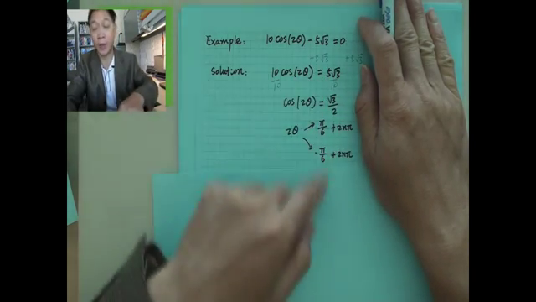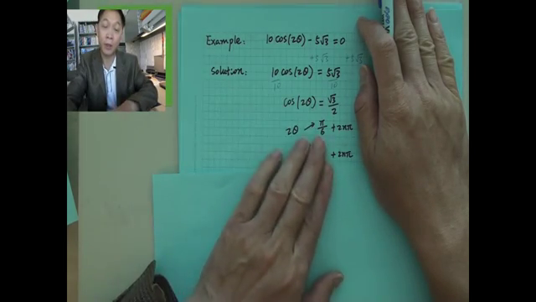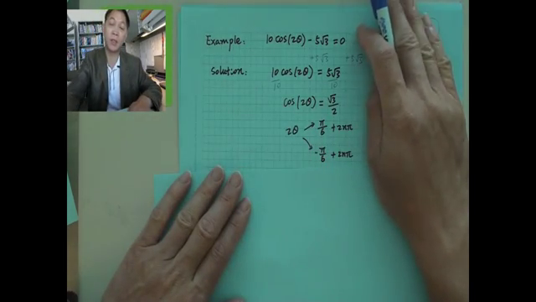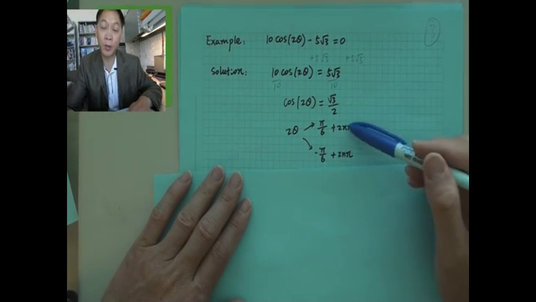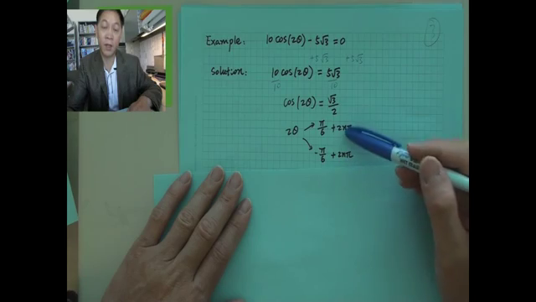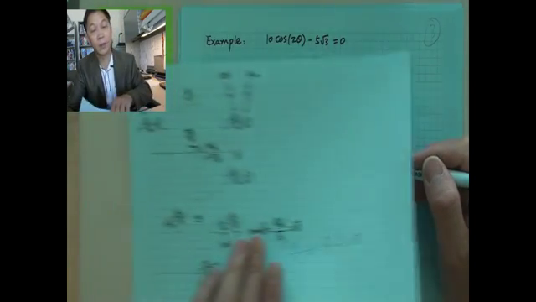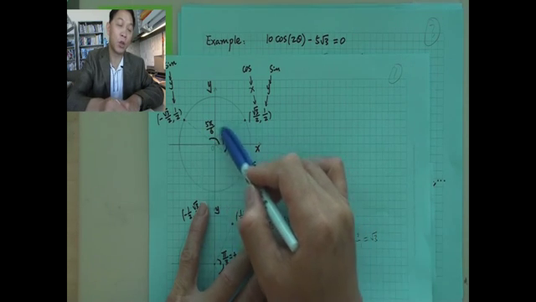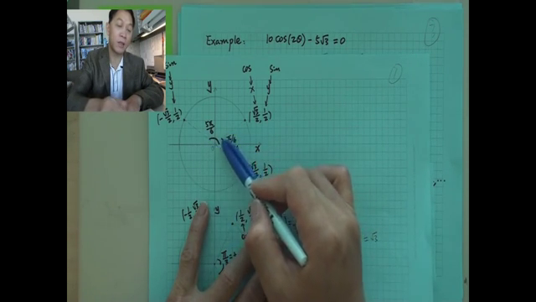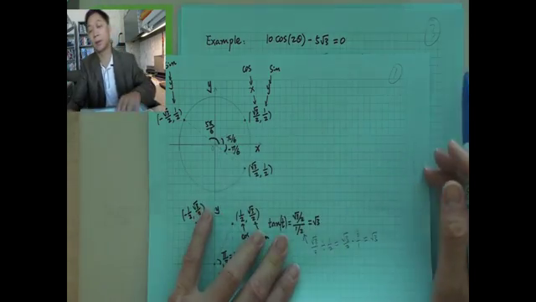Okay, because period, you add 1, you get all different angles. So here, that's why we have n down here. So n can be positive, negative. If n is positive, you go counterclockwise. If n is negative, you go clockwise.